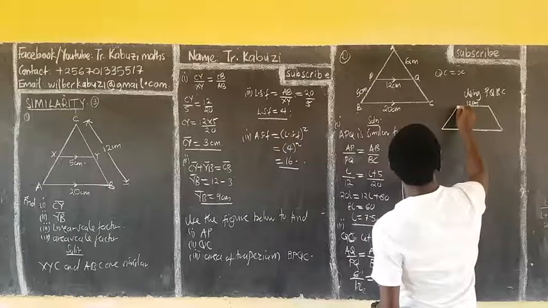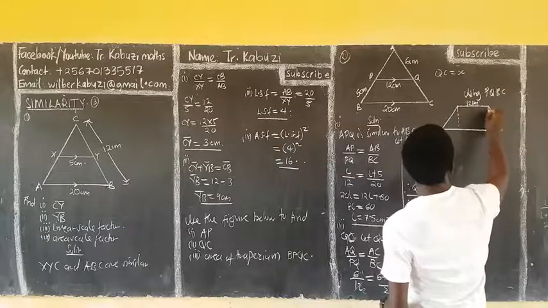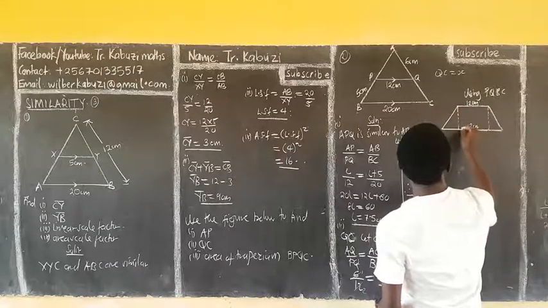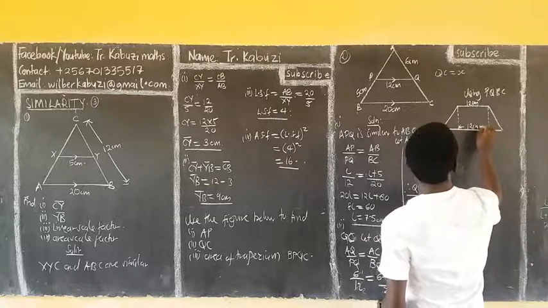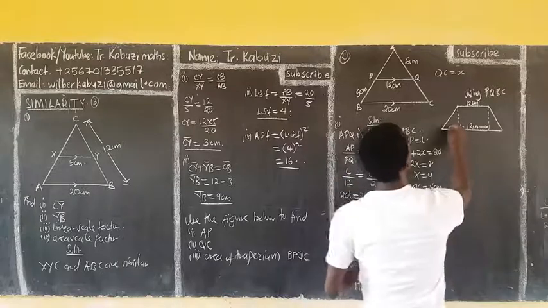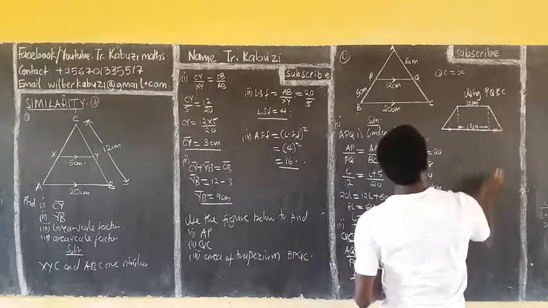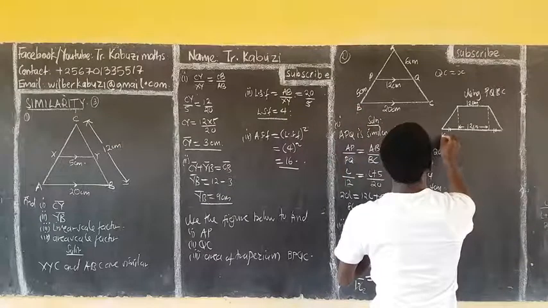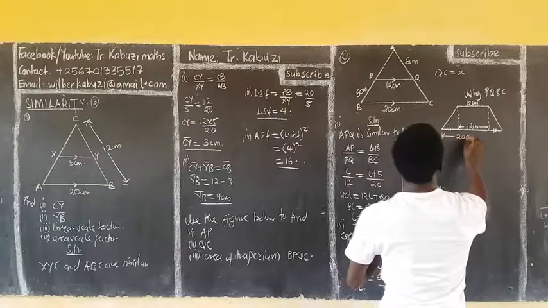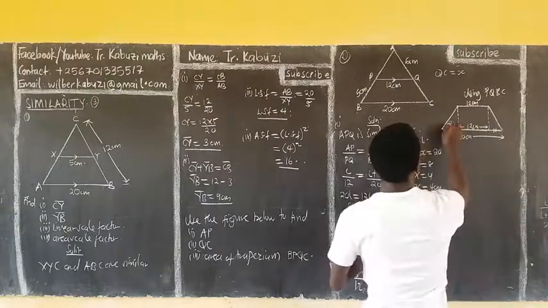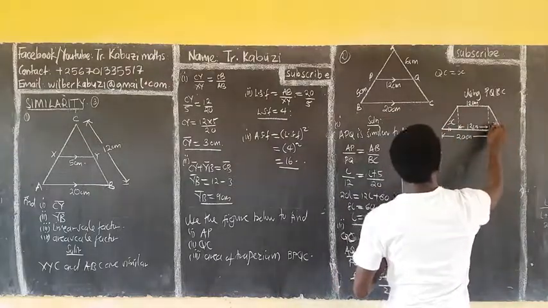I want to get a height. So if that is 12 centimeters, even from here up to here is going to be 12 centimeters. Meaning that now, this is going to be equal to this. And if this is 12 and the whole from here up to here is 20 centimeters, it means that if this is x, this one is going to be also x.